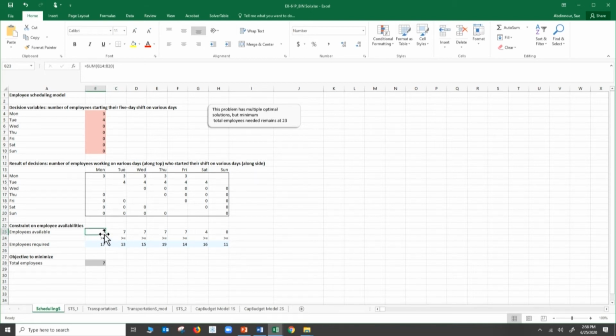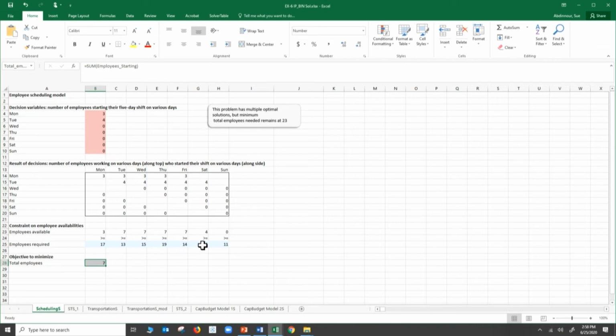This was one sum formula that I copied to the right, summing the column. And then later on in the constraints, we would set this whole range to be greater than or equal to this. The total employees is the sum of the decision variables, and that's again a sum.